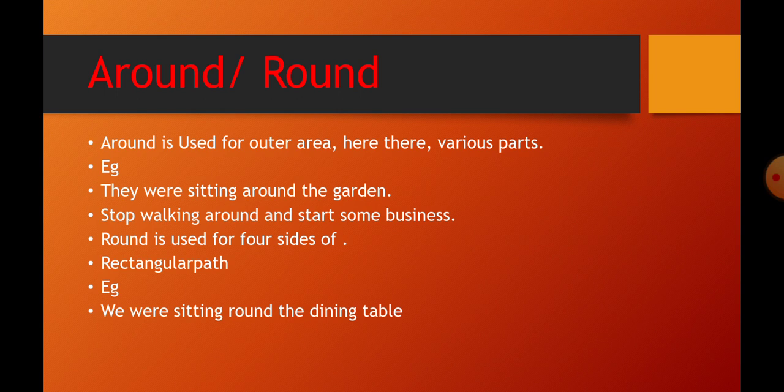And, stop walking around and start some business. That means stop walking here and there and do some work. Next is round. Round is used for four sides. Example of a rectangular path. We were sitting round the dining table. That means on the four sides of the dining table.